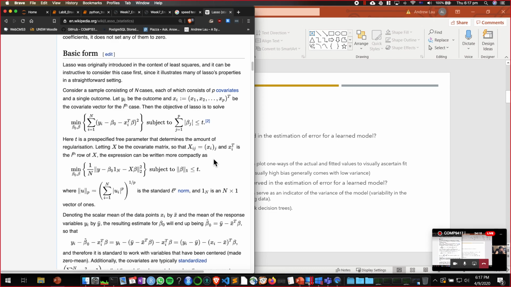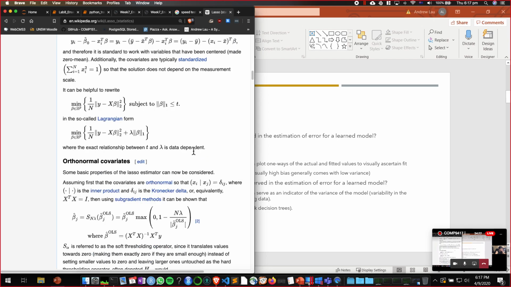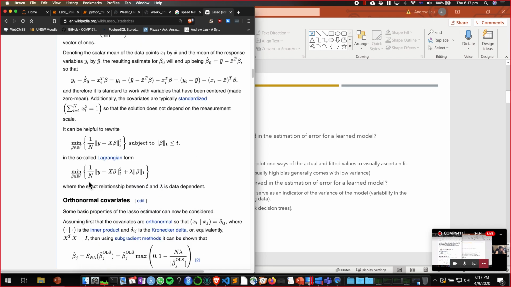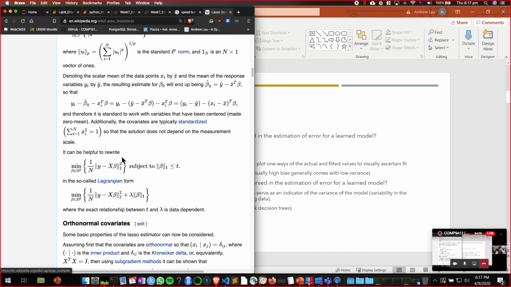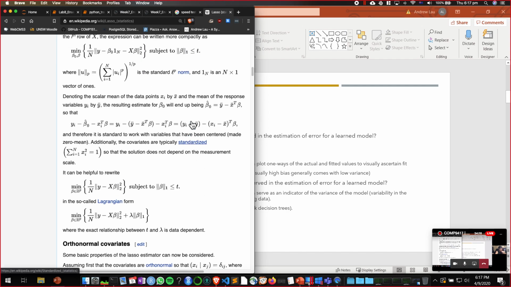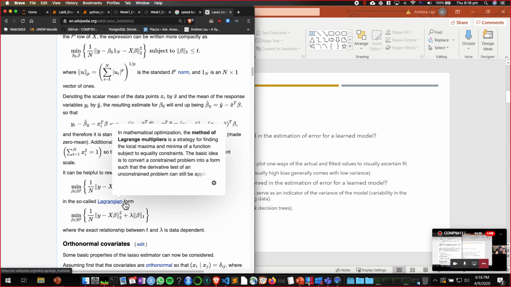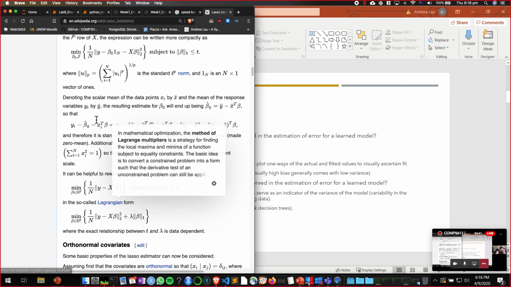Yeah, there's a couple of different ways to express it. Yes, the Lagrangian. In the lecture slides, I believe they use this form, and I hope this reminds you of the concept of duality and the Lagrangian that we saw last week.